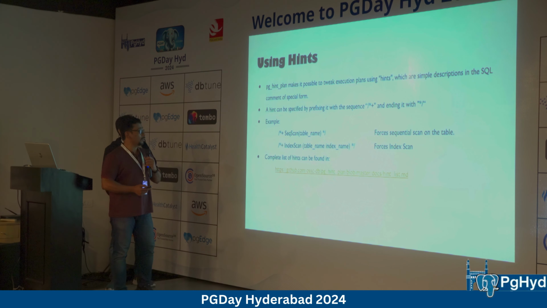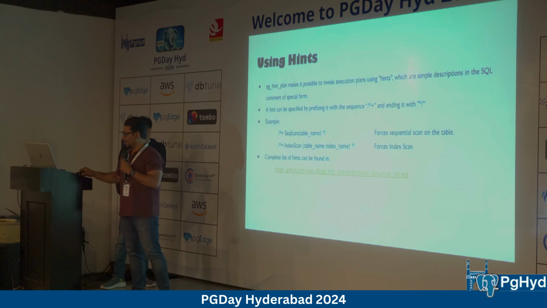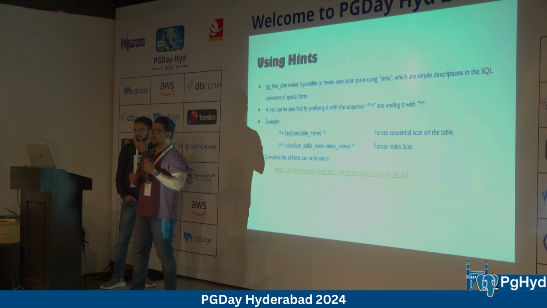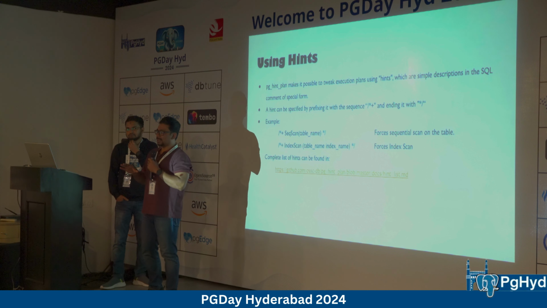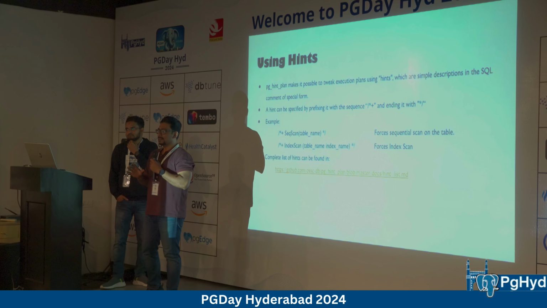So here I'm going to talk about pg_hint_plan. Any of you have used this extension, pg_hint_plan? How many of you are working as Postgres DBAs and have not used it? Can you please raise your hands? Not used it? Okay.